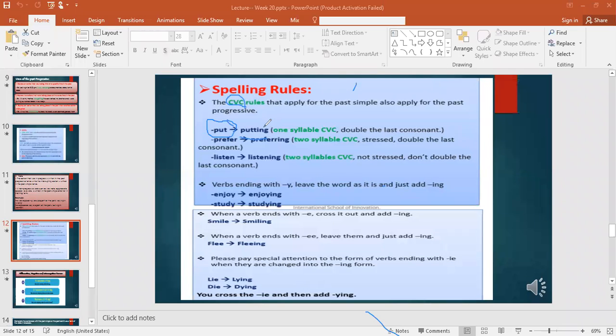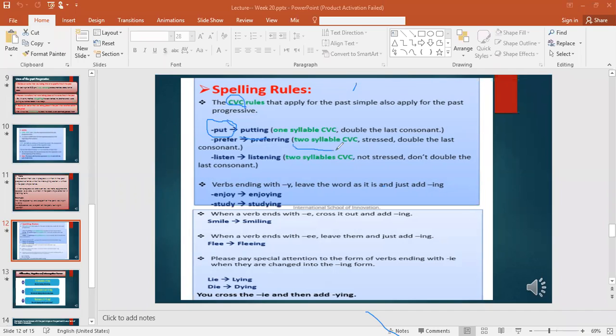So why did we double the last consonant? Because it is consonant, vowel, consonant. Very good. It is a consonant, vowel, consonant verb. So we doubled the last consonant and then we added -ing. This is a one-syllable word, a one-sound word. Let's look at the second example, "prefer."